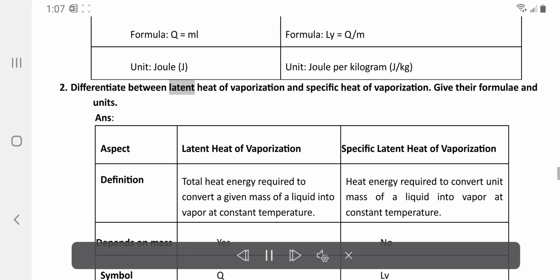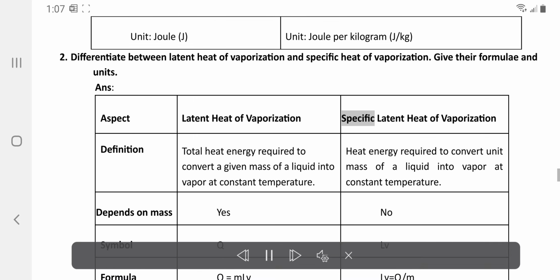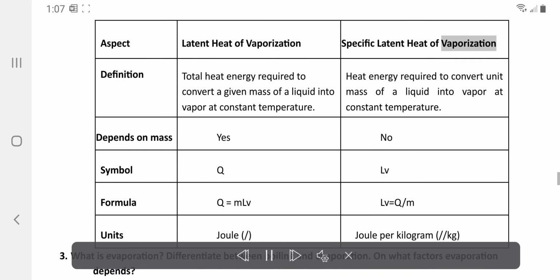Differentiate between latent heat of vaporization and specific latent heat of vaporization. Give their formulae and units. Answer: aspect. Latent heat of vaporization. Specific latent heat of vaporization. Definition: total heat energy required to convert a given mass of a liquid into vapor at constant temperature.